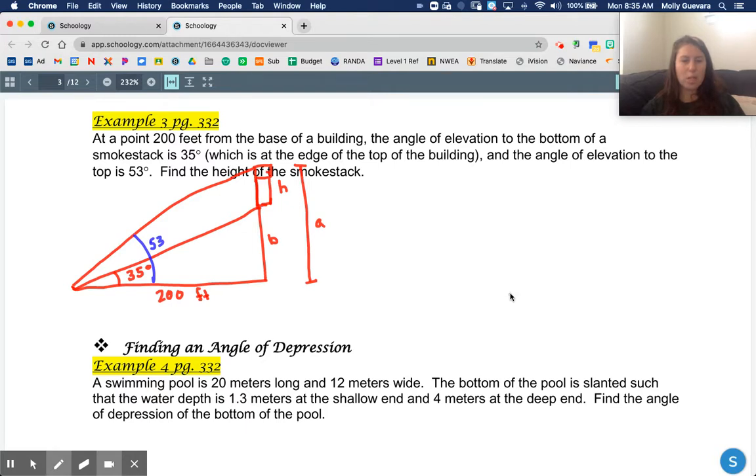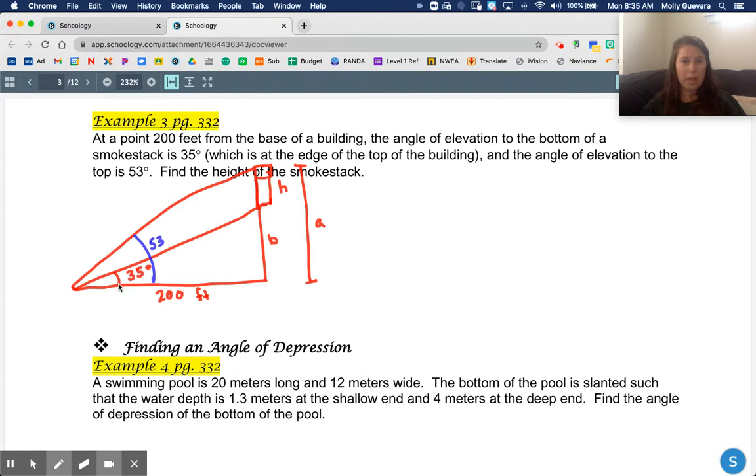Okay, so what I'm dealing with is 200 feet is adjacent to both of these angles, right? If I can find A, the whole height, and then if I can find B, the short height, then I can just subtract those to find H. So let's go ahead and find A. Let's find the height of the entire smokestack and the building.